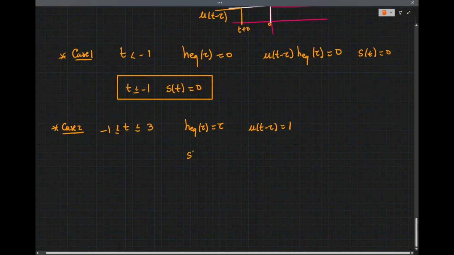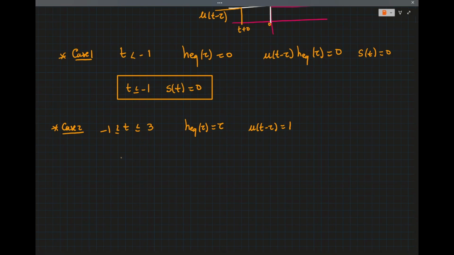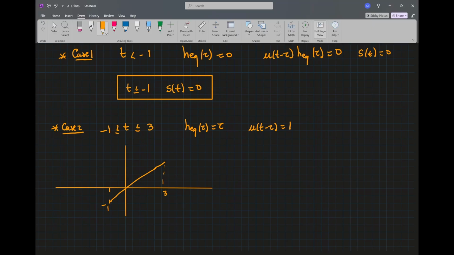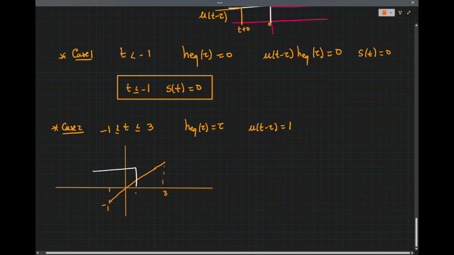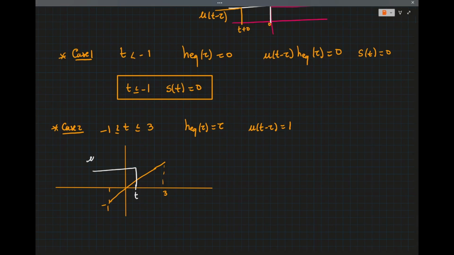So when I sketch this scenario, you have this line up to 3, and we have this function, just t here, so u of t minus tau.